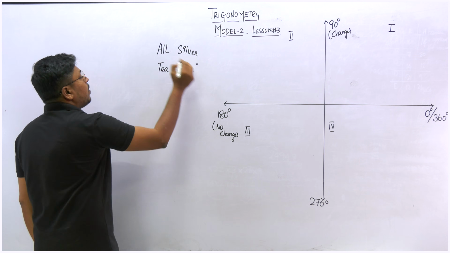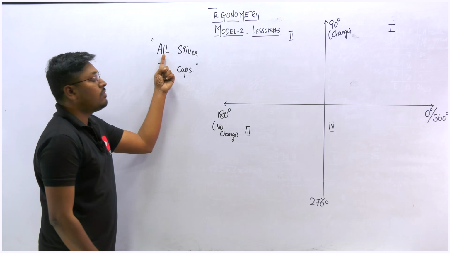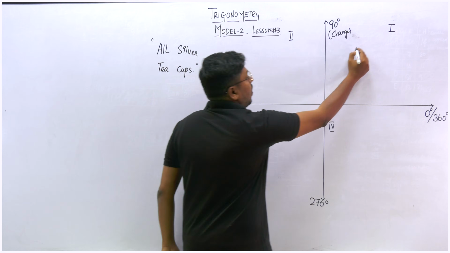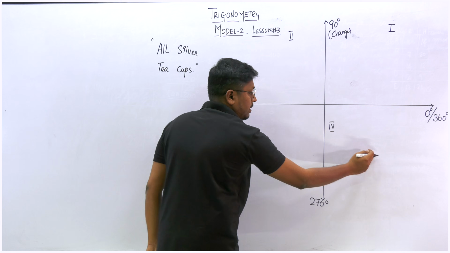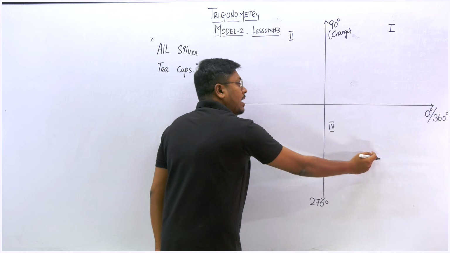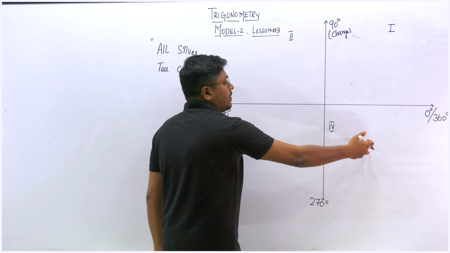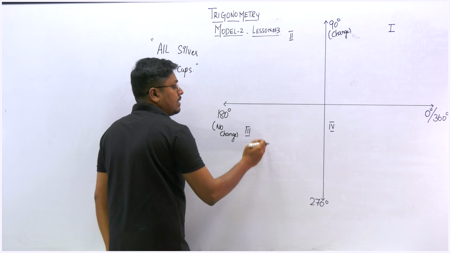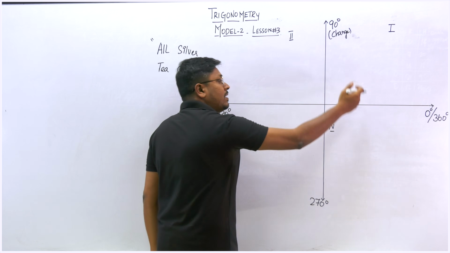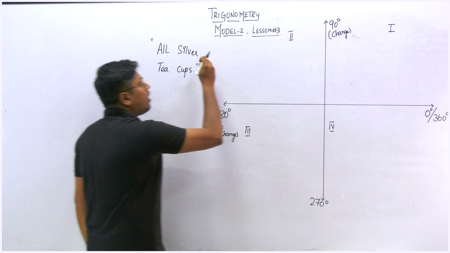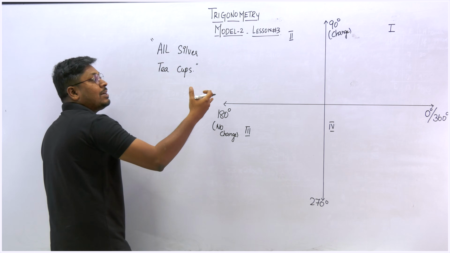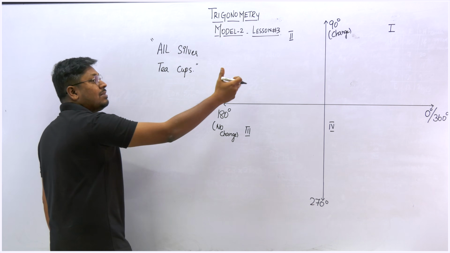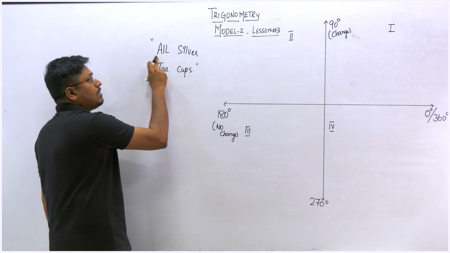Starting from the first quadrant, this will be all, this will be silver, this will be tea and this will be cups. Some teachers teach it as: all students take chocolates. You can learn it in different ways, but this shortcut format helps you understand which trigonometrical angles are positive in which quadrant. First, all, right?